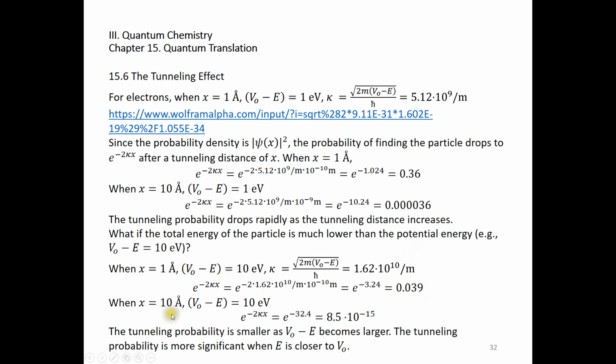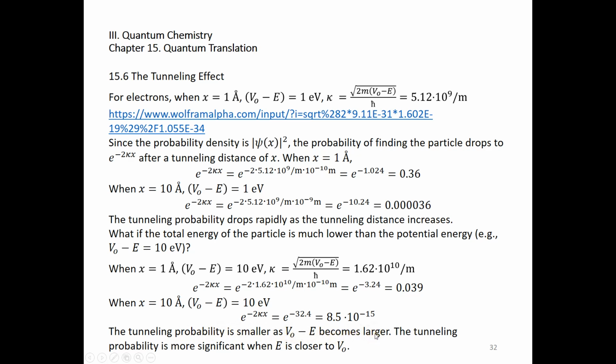Now, what if the tunneling distance is 10 angstroms? Well, again, we plug in all the numbers. This -3 becomes -30. Minus 3.24 becomes minus 32.4. And over here, it's 10 to the power of -15. This is negligible. So the tunneling probability is smaller when V0 minus E becomes larger.